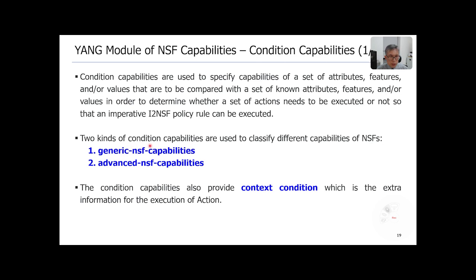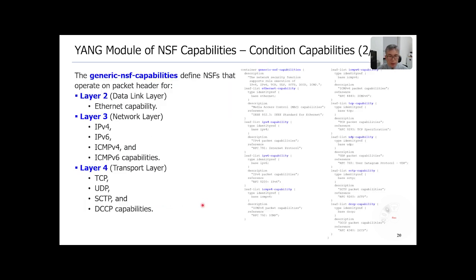So there are two kinds of condition capabilities: generic, the default, which are normal NSF capabilities, and advanced NSF capabilities. Okay. Usually the generic NSF capability is good enough. Condition capabilities also provide context conditions, which are extra information for the execution of an action. So generic NSF capability is based on the layer 2, 3, 4 header fields information, right?